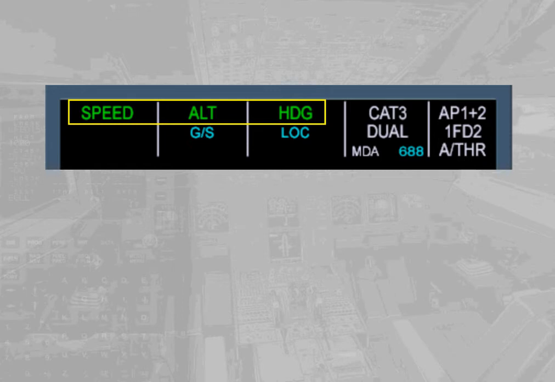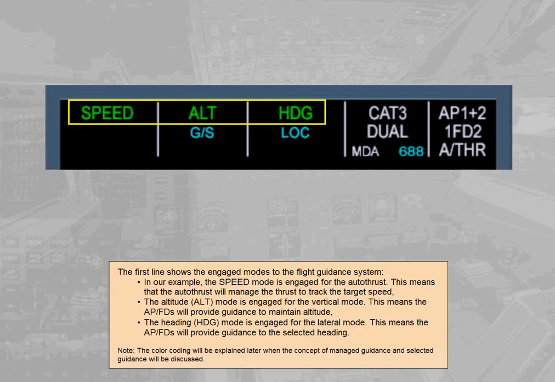This means the autopilot FDs will provide guidance to maintain altitude. The heading, HDG mode, is engaged for the lateral mode. This means the autopilot FDs will provide guidance to the selected heading. Note: the color coding will be explained later when the concept of managed guidance and selected guidance will be discussed.